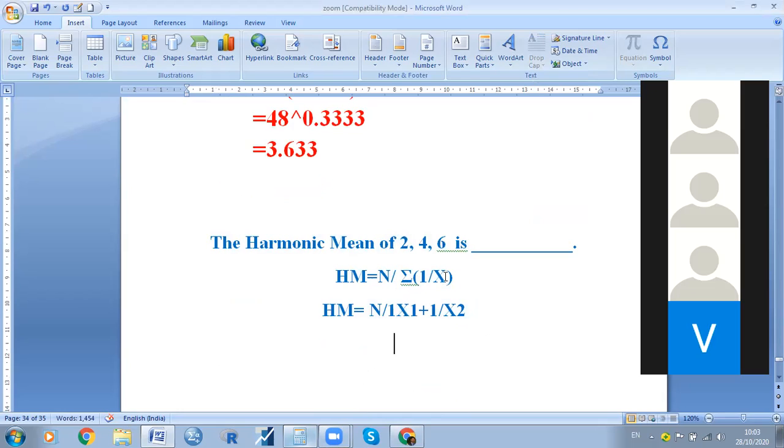Here, n is the number of observations, divided by 1 by x1 plus 1 by x2 plus 1 by x3 also.